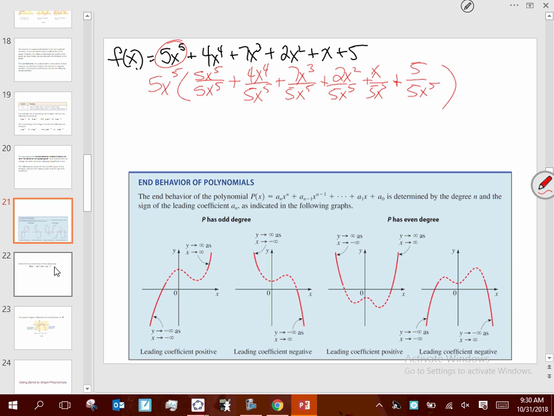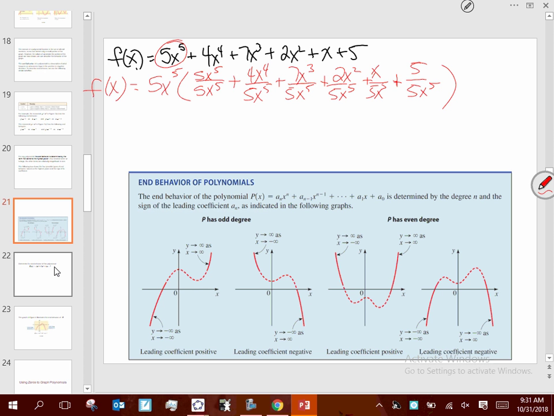Okay, so if I had f of x looking like this, that says the exact same thing as the top black line. If I multiplied by that 5x to the 5th on the outside, all those denominators cancel, and I'm just left with the numerators, which is exactly what we had in the black.